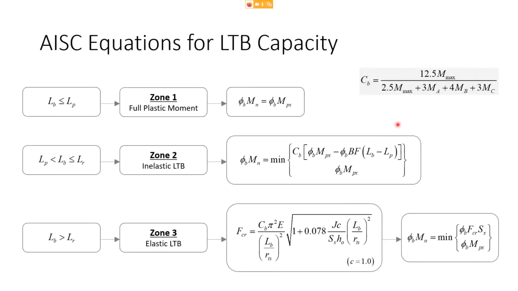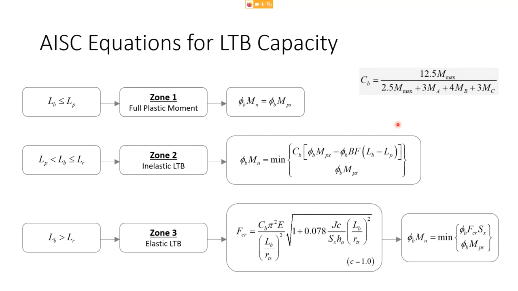I want to start our discussion with this flow chart. Again, like I said, probably one of the most important slides for the rest of the semester. I fixed all the LB stuff over there on the left, so that should be correct. If LB is less than LP, we're in zone 1 and our capacity is just MP.